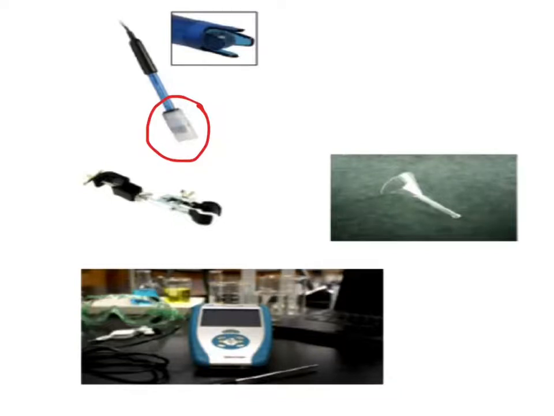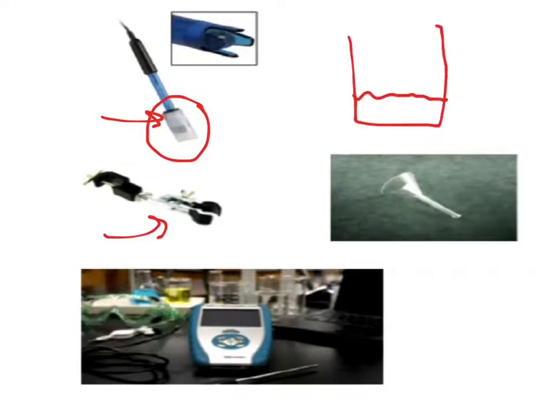You'll just unscrew the lid, and you're going to leave the lid on the probe, and you'll just put the probe, we're going to set it up in a clamp that is on the ring stand, and we're going to place that into your beaker filled with your solution. The probe has a glass tip. Ions are able to flow in and out of this tip, so please be very careful.